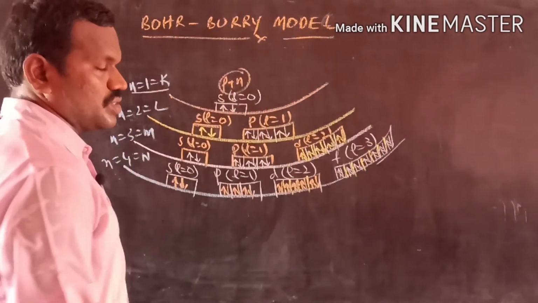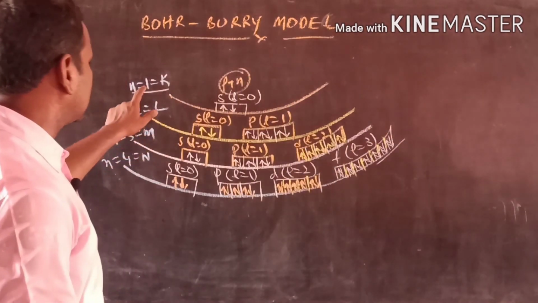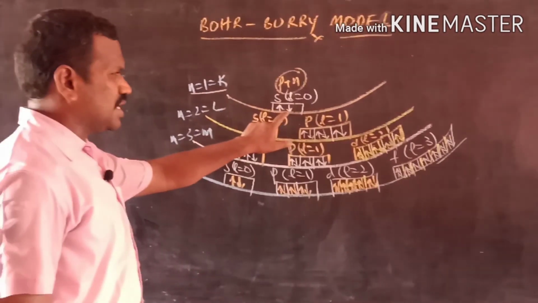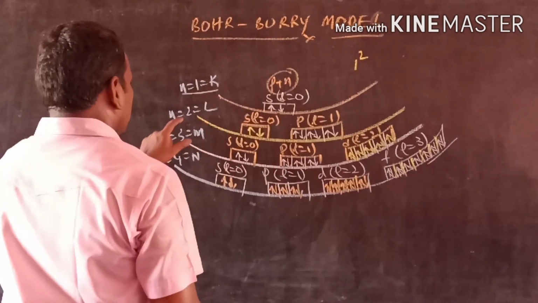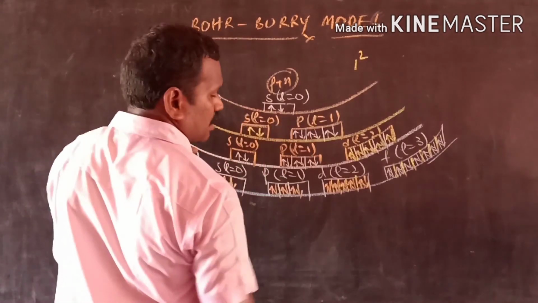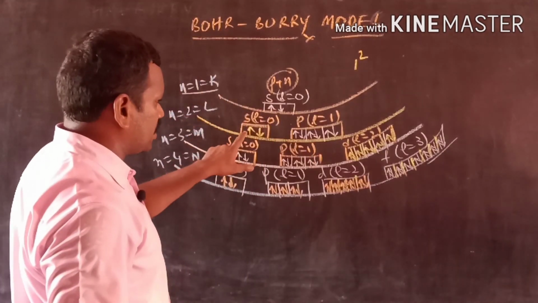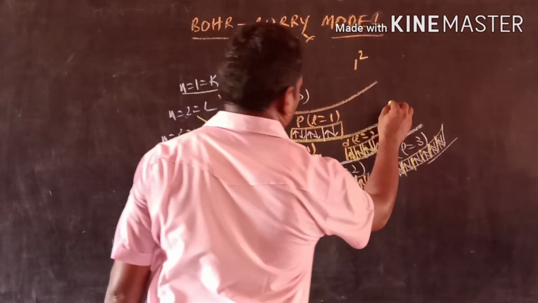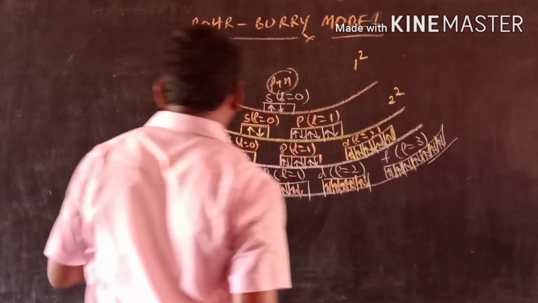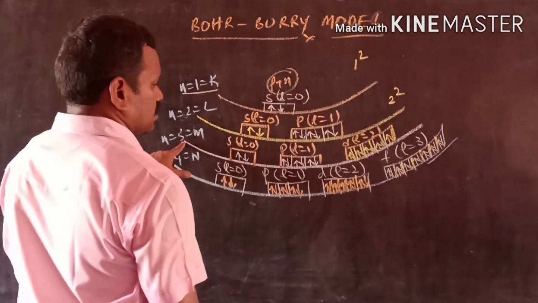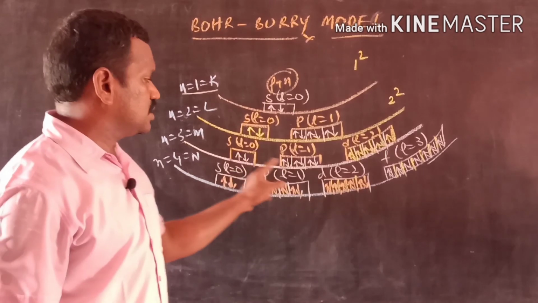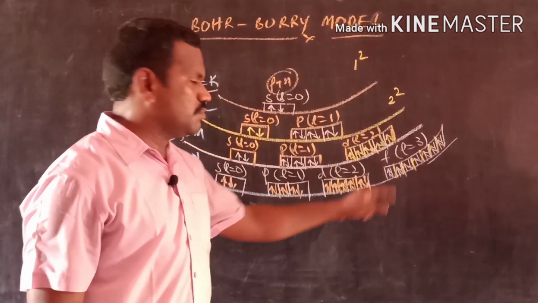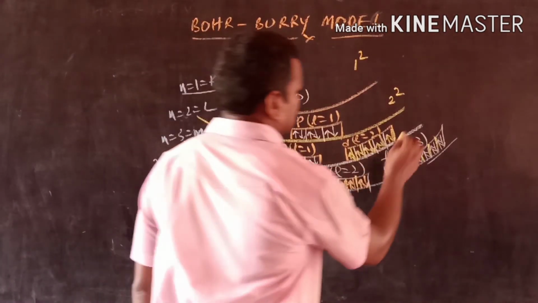Now observe, I am going to give the formula for number of orbitals. Main level 1, orbital is 1, so that can be written as 1 square. Main level 2, the number of orbitals are 4, 1 from S, 3 from P, so it can be written as 2 square. Main level 3, the number of orbitals are 9. How? 1 from S, 3 from P, 5 from D. Total number of orbitals are 9.